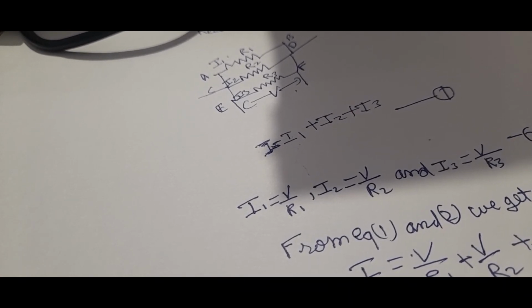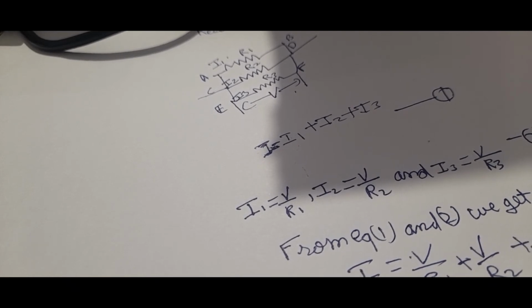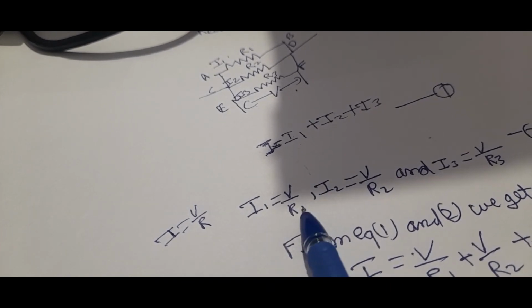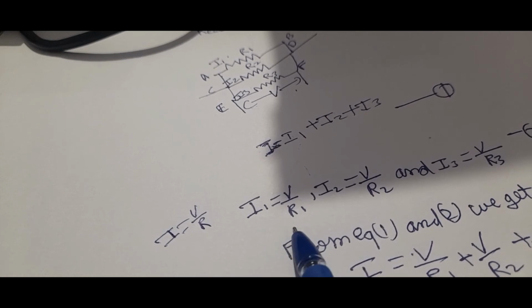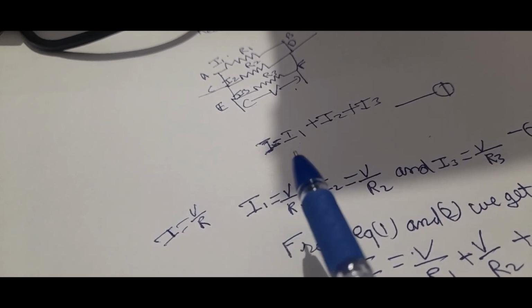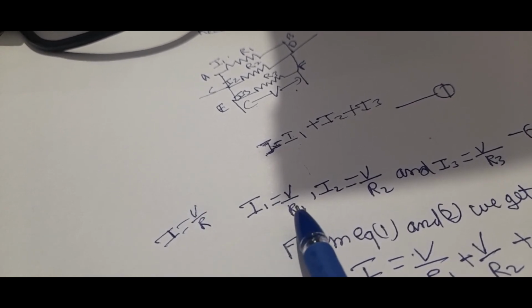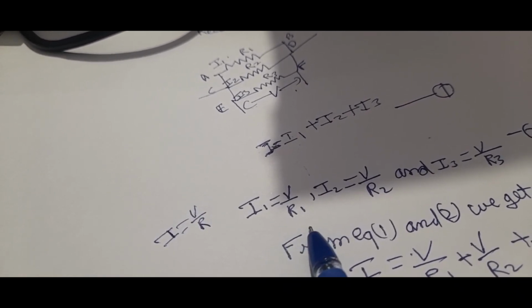What is I1 over here? According to Ohm's law, V is equal to IR. Now how do we take out I1, the current in the first resistor? Here we have the formula, I1 equals V upon R1.